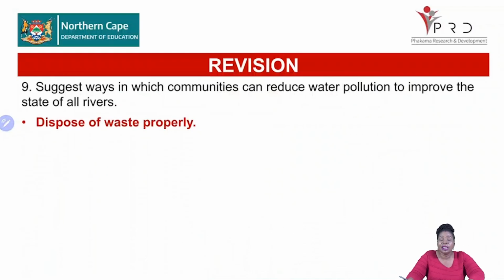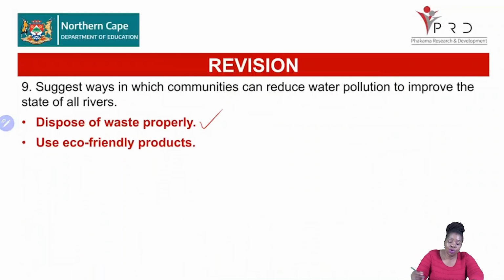So firstly, the responsibility of communities is to dispose of their waste properly. They must not just throw their waste anywhere, because when it rains, that waste is washed into the drainages, blocking the drainages, and also that waste is washed into the rivers and the seas.